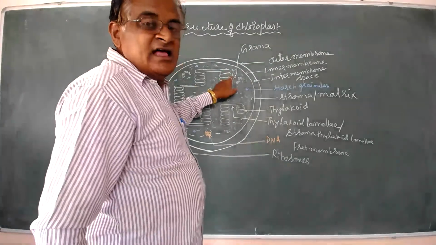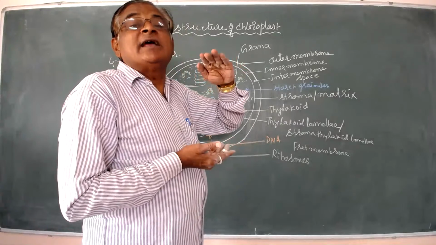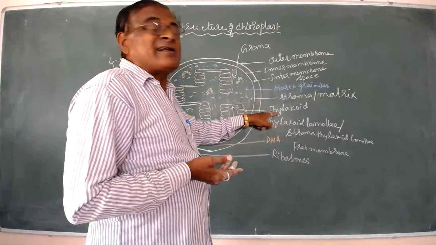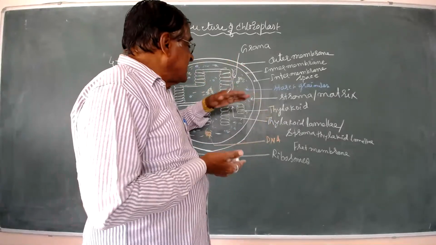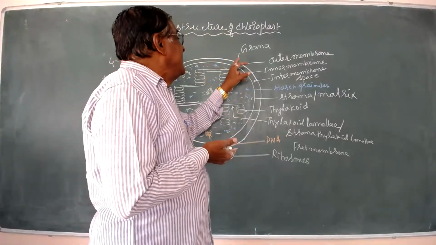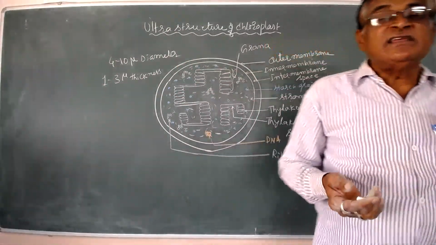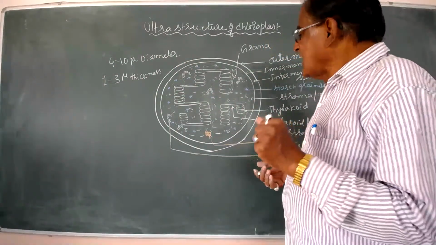These grana are placed one above the other like points. These point-like structures are called thylakoids. These thylakoids are placed one above the other in a disc-like structure. The entire individual stack is called a granum.